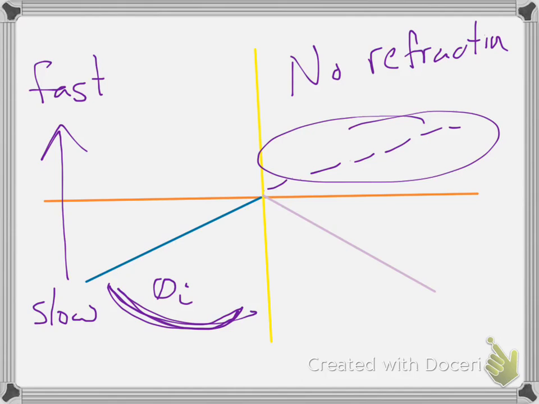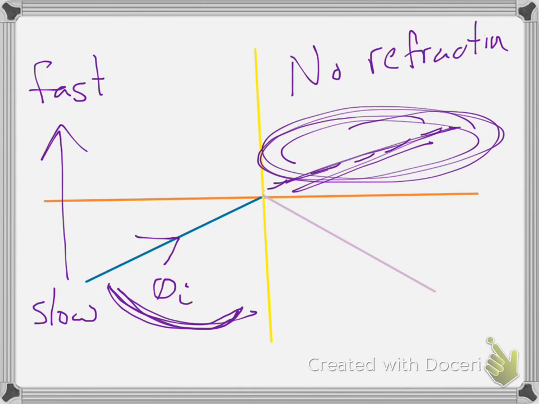So we have our incident ray coming in. Instead of it going this direction, this disappears. You get an internal reflection, or total internal reflection. This is caused by two conditions.